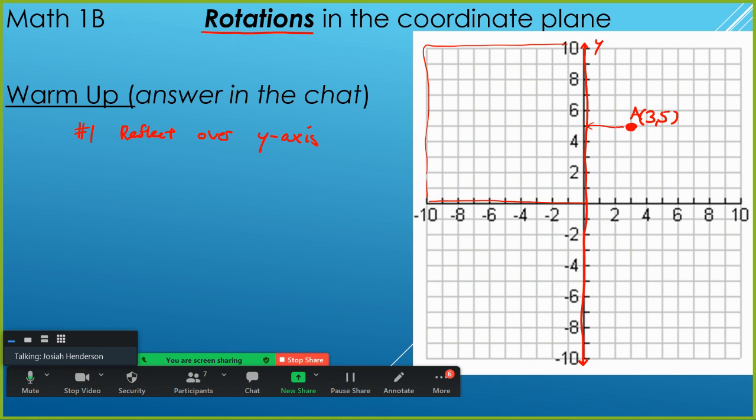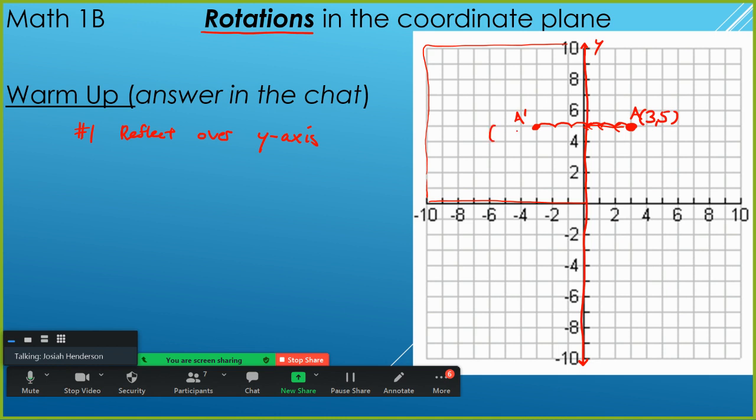I'm going to count them. 1, 2, 3, right? So I'm going to go 3 away on the other side. 1, 2, 3. Stop. There's A prime. So if we're folding it over the y line or the x line, this is a pretty fast way to do the reflection if you're doing it on paper by hand.